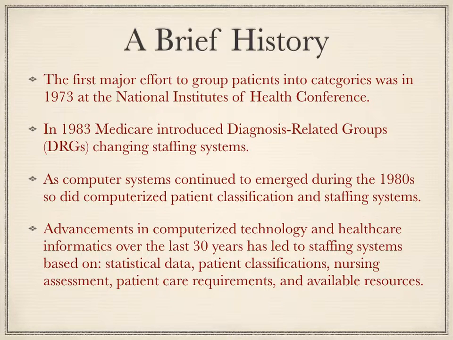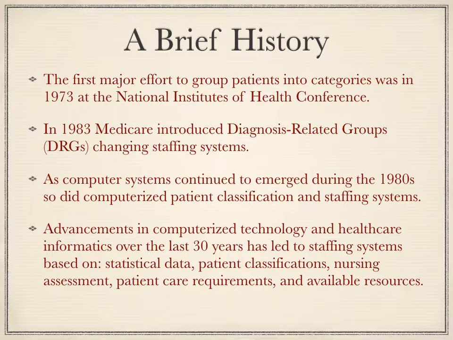This type of system is still commonly used today, primarily in paper-based formats. From this conference, the following categories were produced: patient self-care capability, patient sensory disabilities, illness acuity, nursing care requirements, skill level of staff, and geographical location within the hospital.